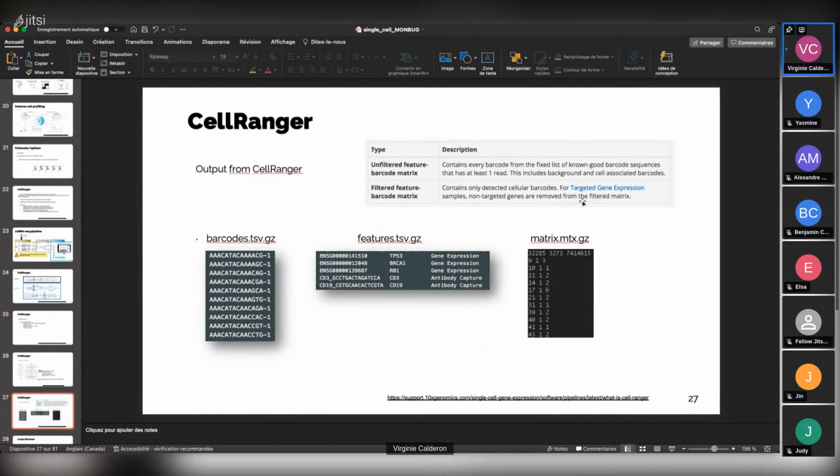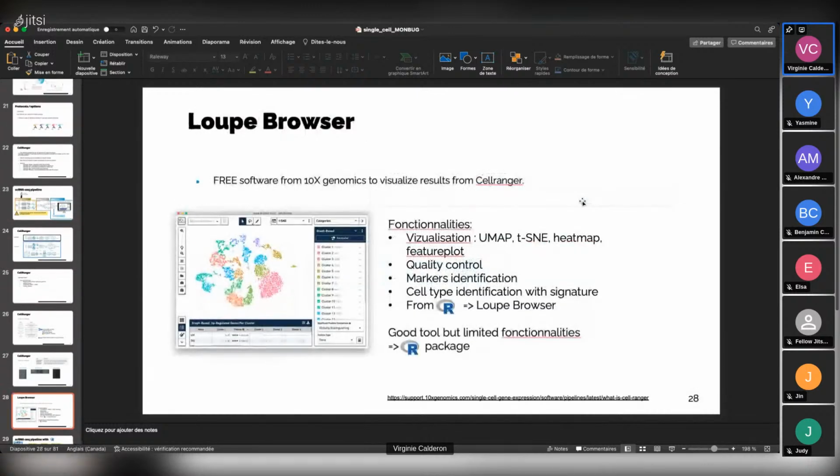But if you have done a protein surface experiment, you also have the antibodies that were captured. And the last file is a matrix of the expression. It will tell you which barcode was found in which cell, is associated with which feature, and what the count is for this feature. So you need these three files to go into maybe R.